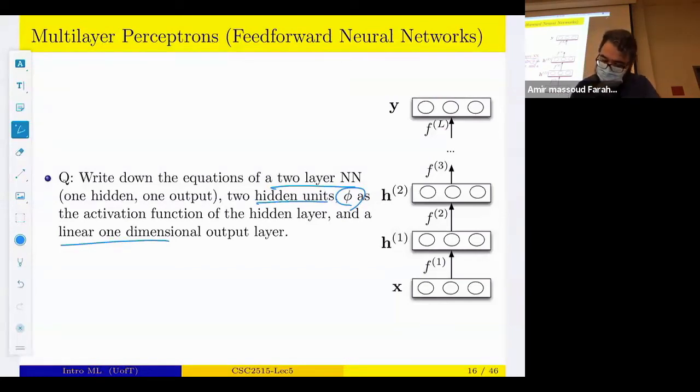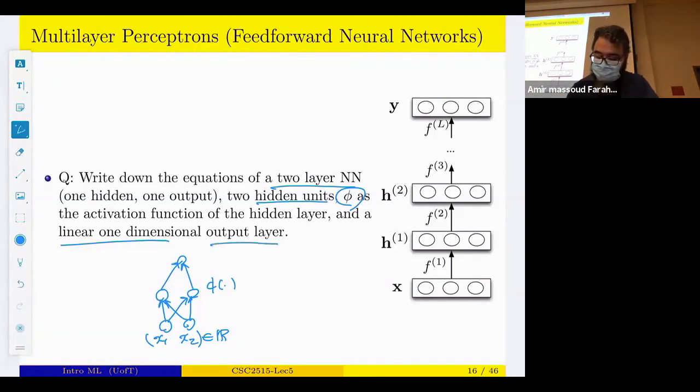The input x is two-dimensional, with x1 and x2, and each input is connected to both hidden units. The activation function is any phi, and the output layer is linear, so its activation is the identity function. Just think about it. It's obvious, but it's good to write it down to become a bit more comfortable.